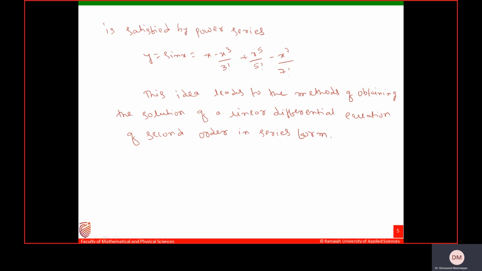So these are examples of the power series solutions of differential equations.